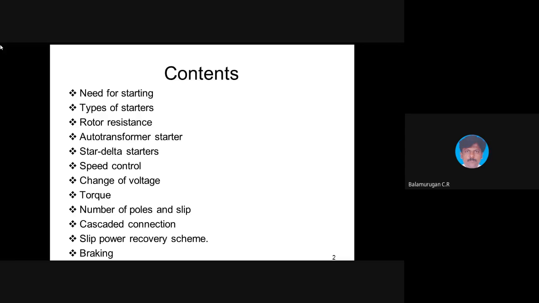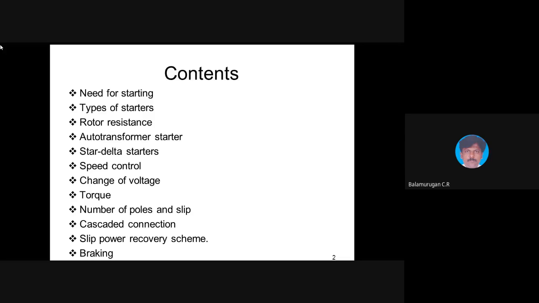Reduce heavy sparking in the brushes. This and to limit the starting current, that is the exact answer. So what is the necessity of the starter? It is to limit the starting current. Because during the starting condition, as per the DC machine, the back EMF will be 0.